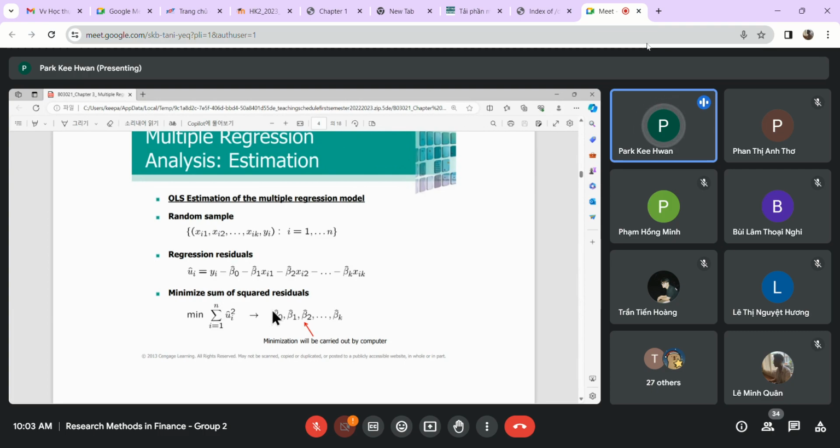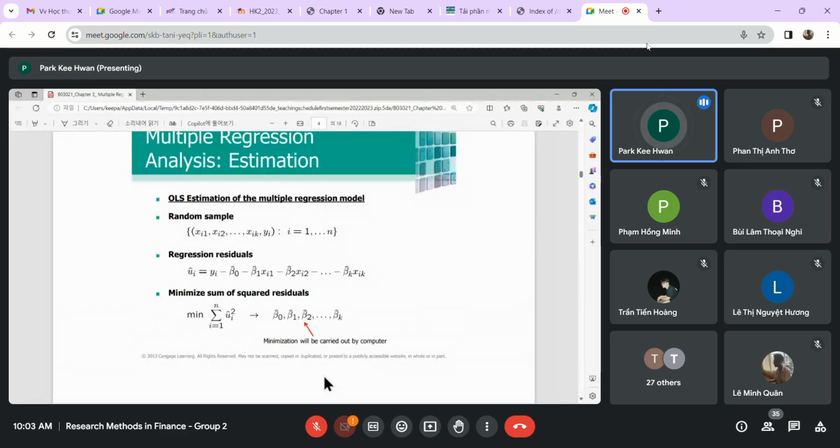With respect to these parameters, you solve for that, and then you can find the solution for all these parameters. When you have many variables in your regression, this optimization problem is quite complicated, so your computer will carry out this minimization problem.